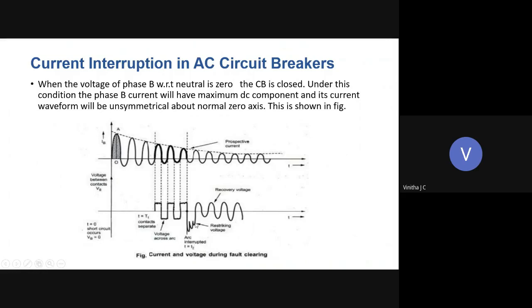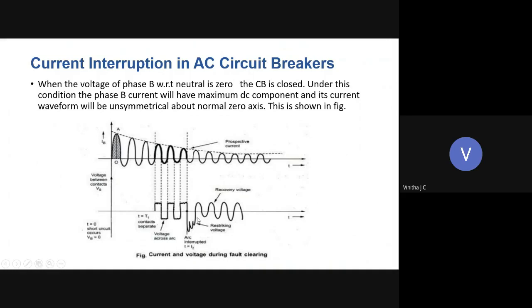The voltage available across the circuit breaker contact at the instant of arc interruption is called the restriking voltage. Whenever the dielectric strength is less than the restriking voltage, restriking of the arc takes place. Here, during this instant, the restriking voltage is greater than the dielectric strength, so there may be a possibility of restriking of the arc.